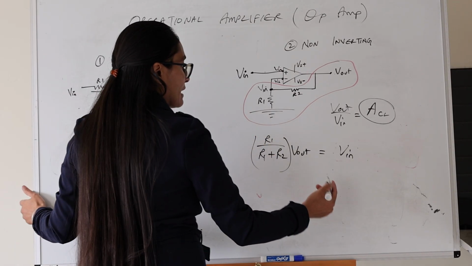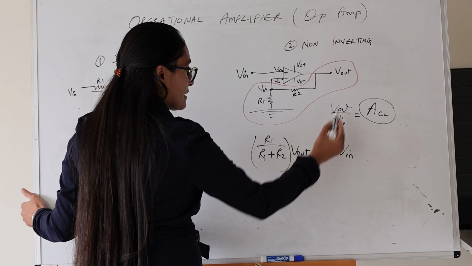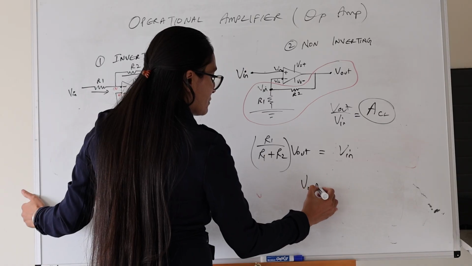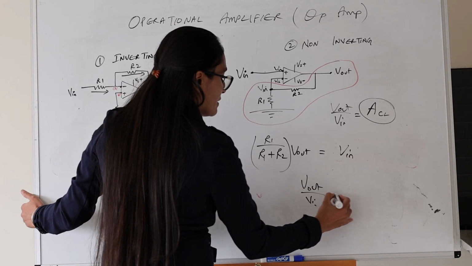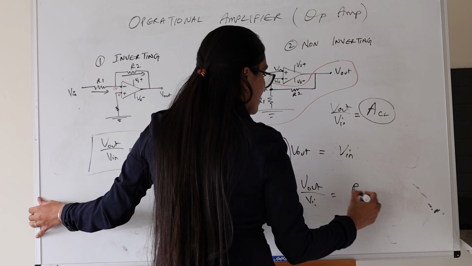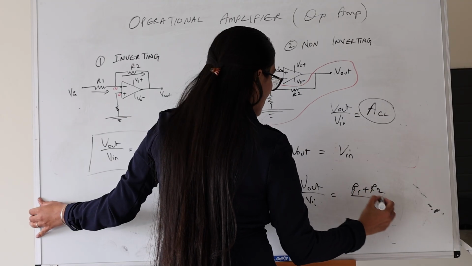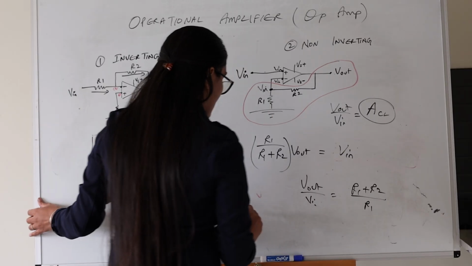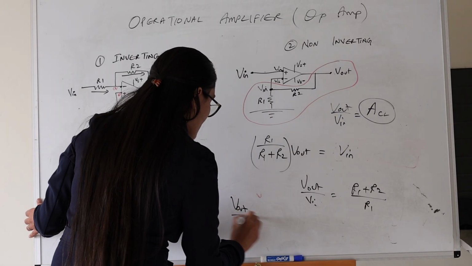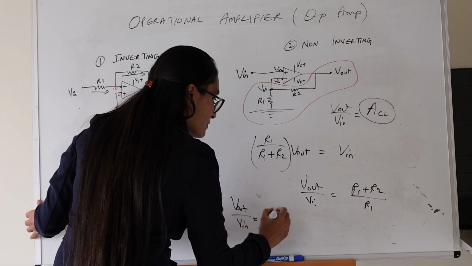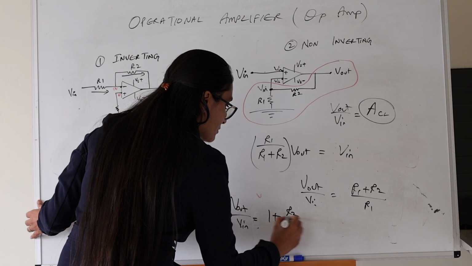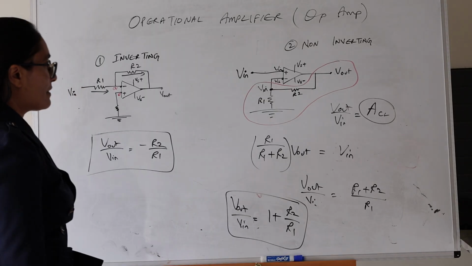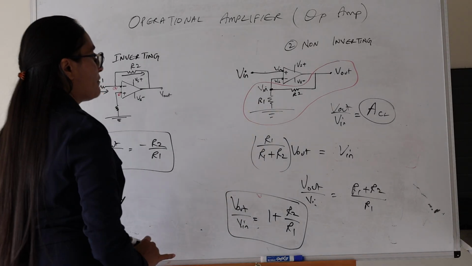Therefore, if we rearrange, we see we are going to have Vout over Vn is equal to R1 plus R2 over R1. You can rewrite this as 1 plus R2 over R1. So that's the gain that we get from a non-inverting amplifier.